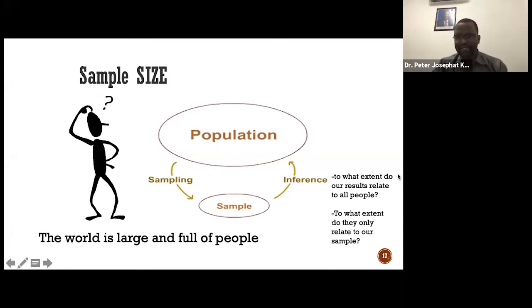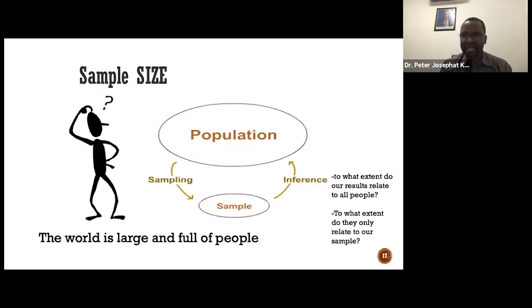One of the challenges when you're using a sample is to what extent our results relate to all people. You can have a study using very modern equipment, but you did something wrong in the planning. You used the wrong sampling technique to select the sample. Obviously, you can have wrong results.